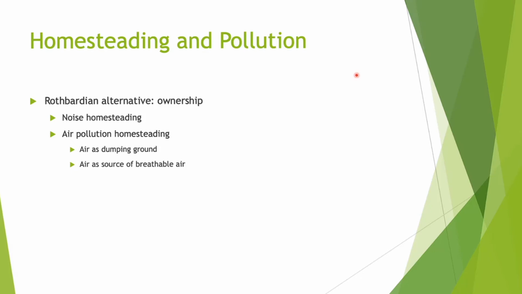Well, Rothbard's going to say, look, the airport owns the right to emit X decibels of noise in that area because that's what they were doing before the housing development was constructed. So from the Rothbardian perspective on this, the first comer is the one who has the property rights.